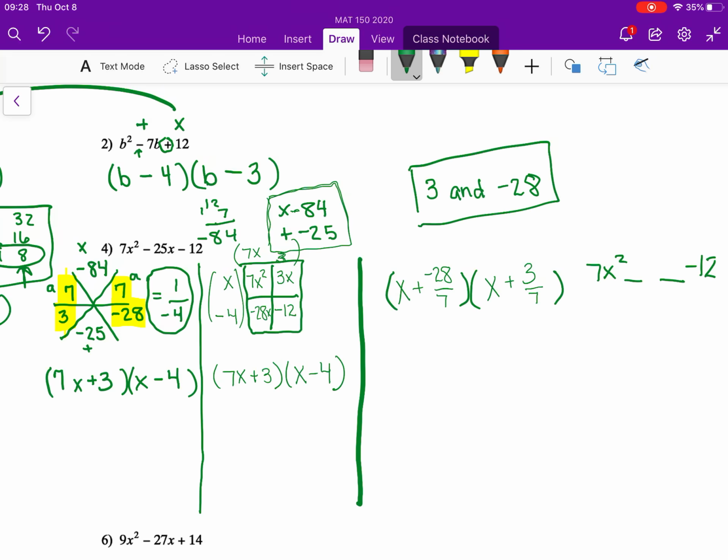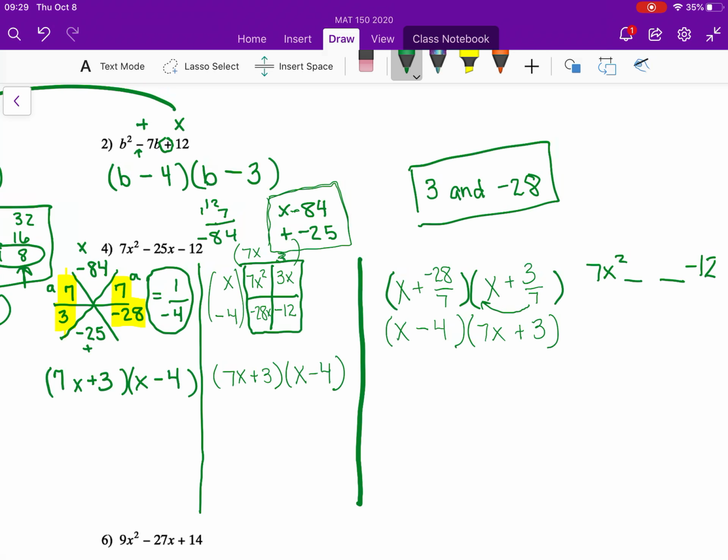So if I can divide, I divide. So notice your first one, x, and then negative 28 divided by 7 is actually negative 4. 3 divided by 7, I can't actually divide, so that's when I slide. I slide the denominator to the front. So then I have slide and divide.